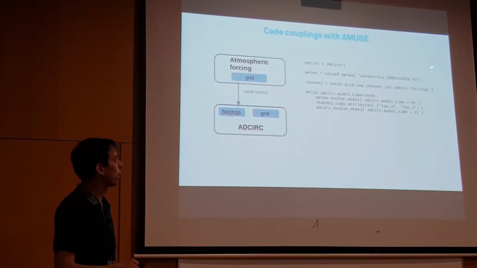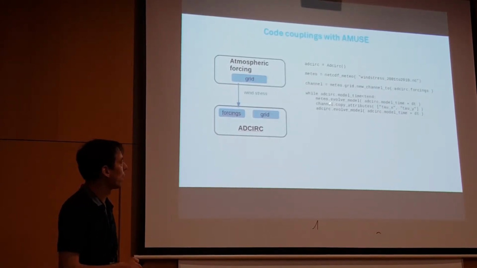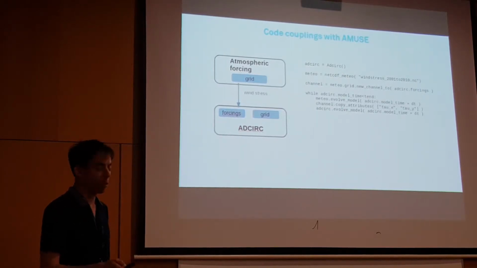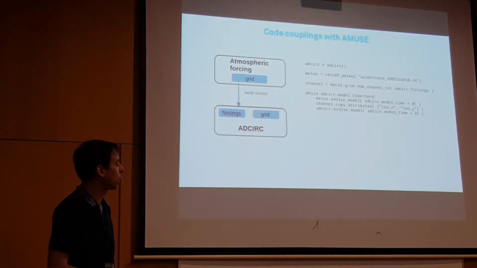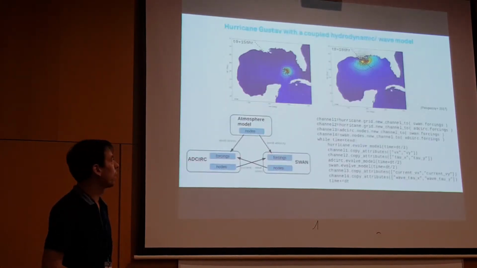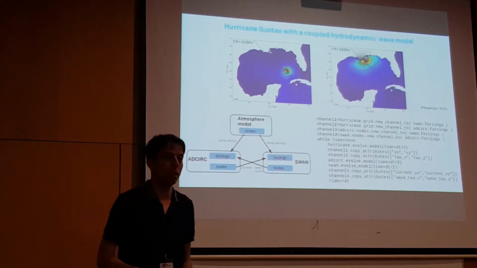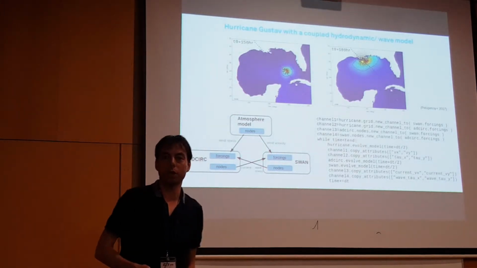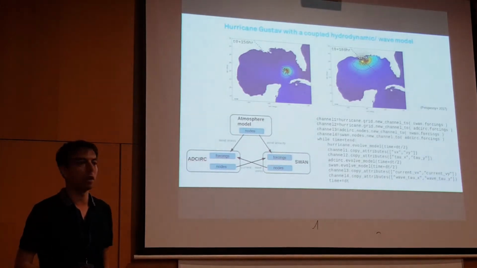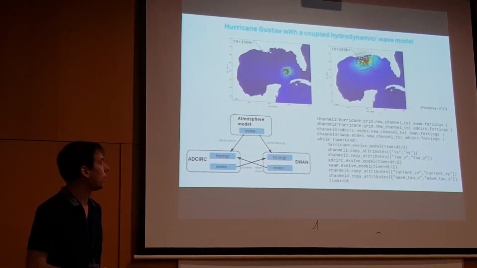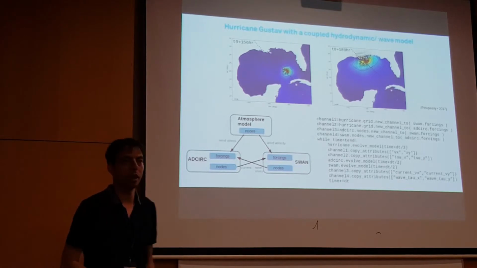It just reads in data from file, and then you have it interact with the code by sending out the wind stress to your code, and this code can react to it. In this way, you can set up quite more complicated interactions between the codes, with two-way couplings between the active components of your simulation. And you can see that it's not very difficult to write down in Python.